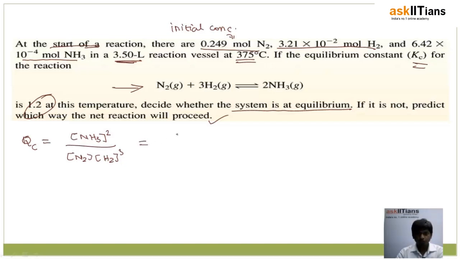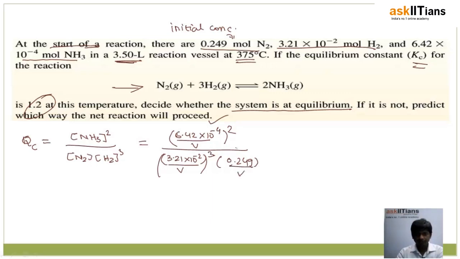It is equal to moles of ammonia, which is nothing but 6.42 into 10 to the power of minus 4 by volume of the container, whole square, whole divided by nitrogen 3.21 into 10 to the power of minus 2 divided by volume, and whole cube in case of hydrogen, same with nitrogen, 0.249 by V.